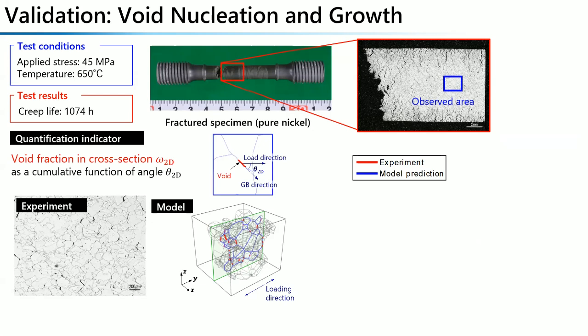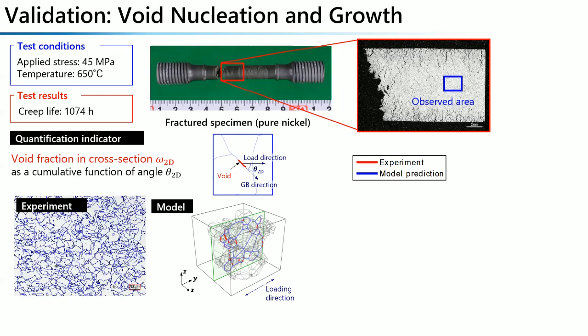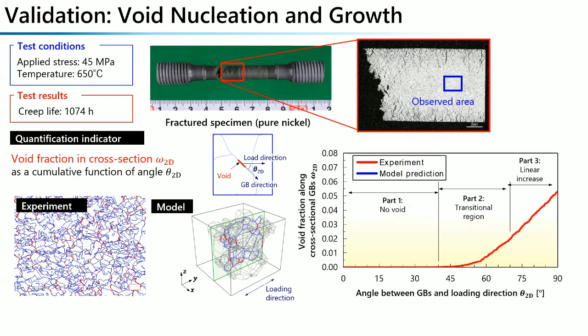And we quantify the void fraction in cross-section as a cumulative function of grain boundary angle based on this kind of image analysis. And then we got a characteristic curve like this, which is a relationship between grain boundary angle and void fraction. And we performed completely the same procedure on numerical results like this, and then obtained this.